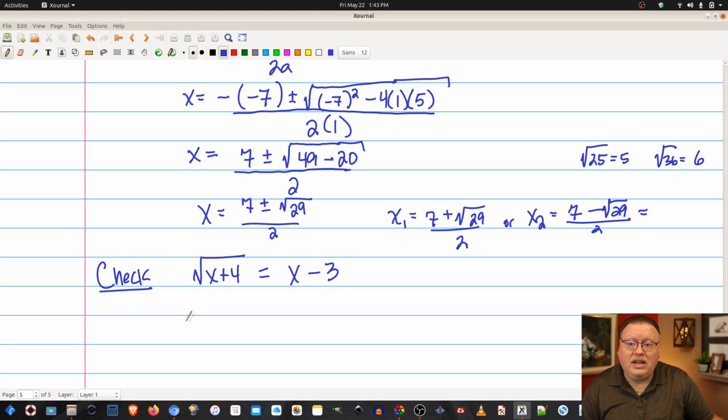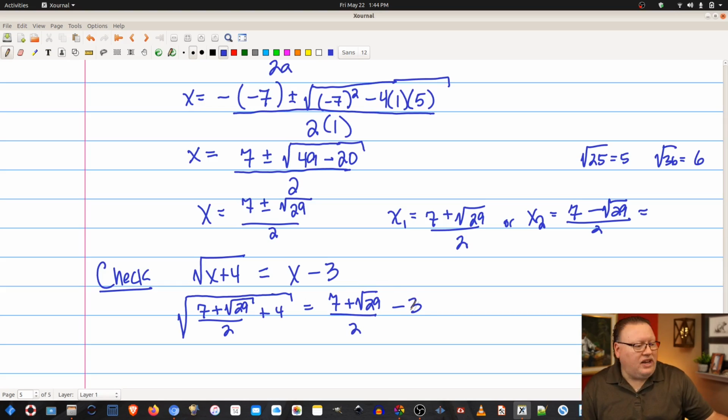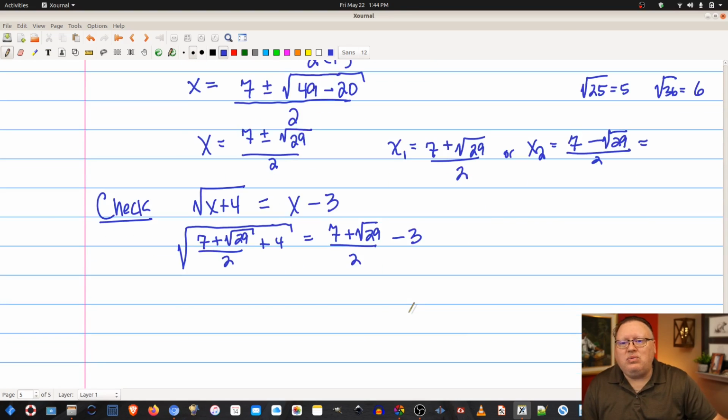So I'm going to plug in the square root of 7 plus the square root of 29 divided by 2 plus 4, and all that's under the radical, and this is 7 plus square root of 29 over 2 minus 3. And we want to check that, but I'm going to go ahead and write out my other one, and then we can check this in a moment.